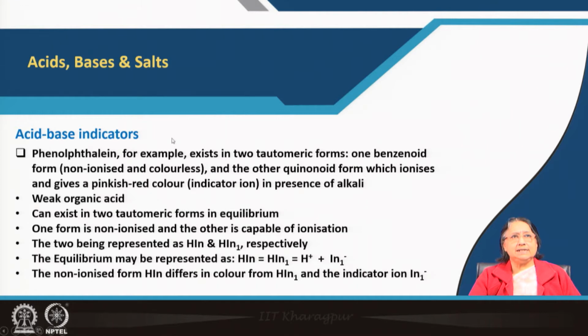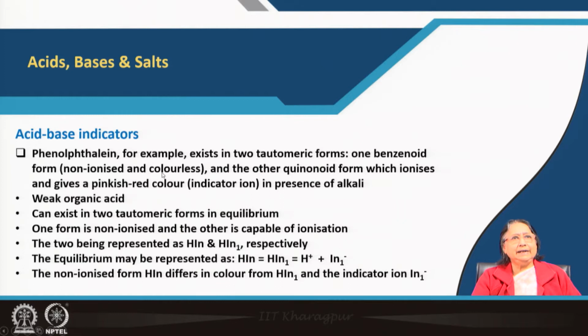Before knowing this phenolphthalein, we must see the structure, and we must know what is tautomer. Okay, tautomer. We know isomer. Isomer means two different molecules or maybe one molecule, if they have different structures, then they are isomers. Now, tautomers means a special type of isomer.